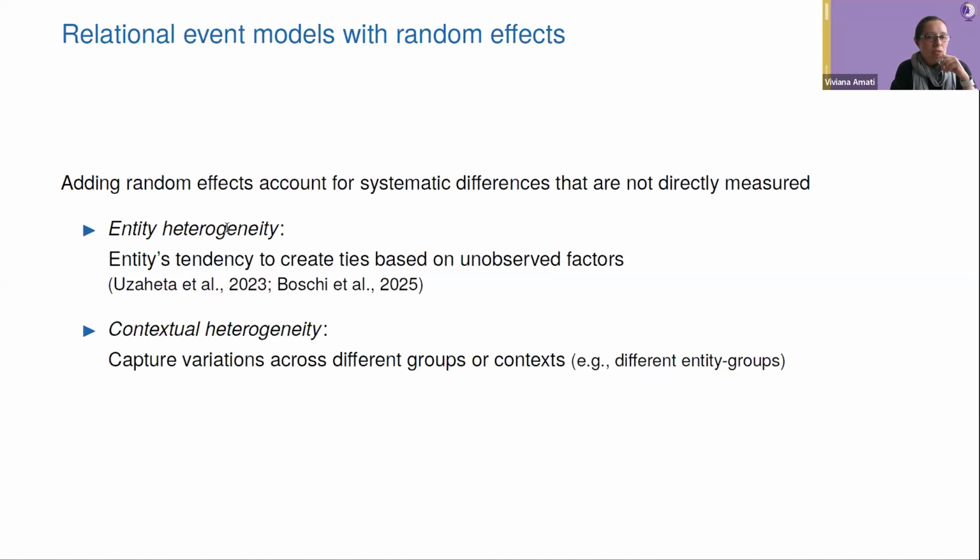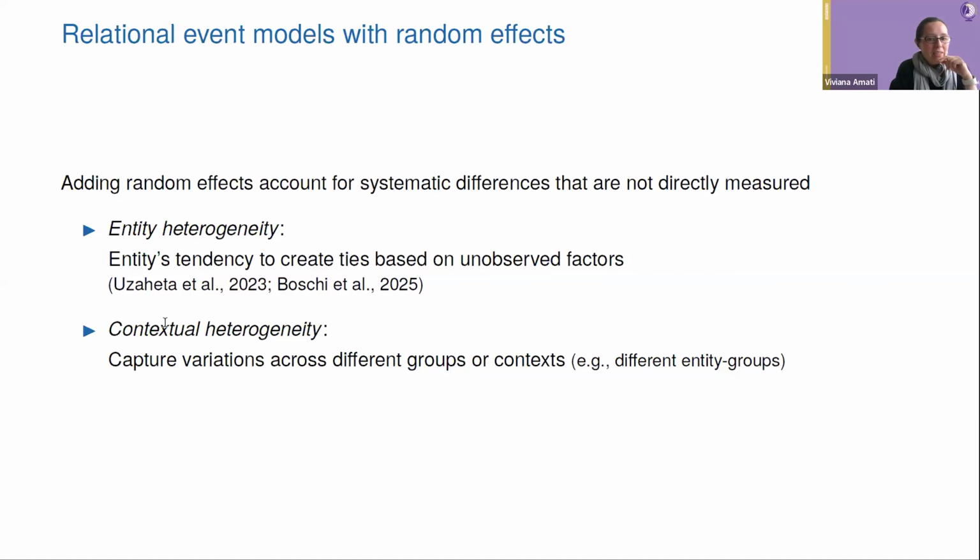One is entity heterogeneity. I told you that actors might have different propensity to create ties or to choose different receivers. Well, there might be unobserved factors that might explain this different tendency, and therefore there are approaches. A previous work, a joint work with Alvaro Zeta, who was the first author, and there is also an application by Martina where we talk about entity heterogeneity.